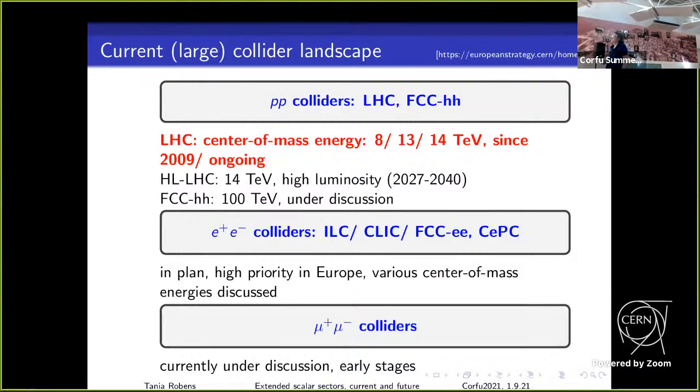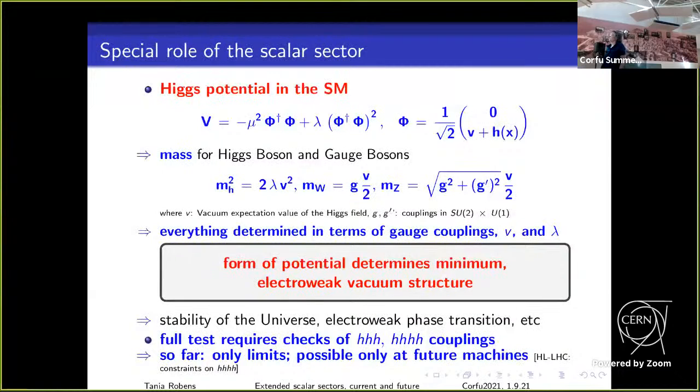We already heard a lot about this in one of the previous talks. Again, there are various options on the market, supposed to be high priority in Europe, with various center of mass energies which are discussed. And a recent revival, I think, has been mu+ mu- colliders, which are currently hotly discussed in various forums, and we will see what comes out of this later on.